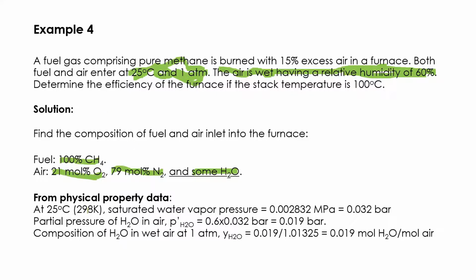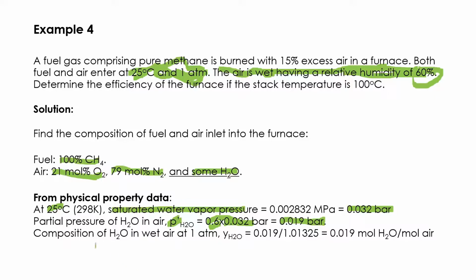So we go to the physical property data. At 25 degrees Celsius, the saturated water vapor pressure is 0.032 bar, which means that the partial pressure of water in air, where P is the symbol of partial pressure, is 0.6 times 0.032 bar, which is 0.019. The 0.6 here comes from the 60%.